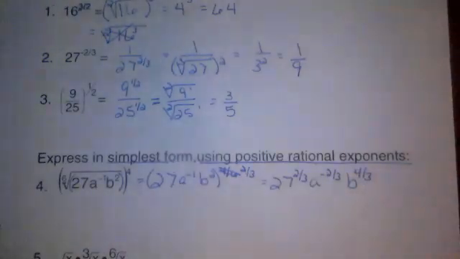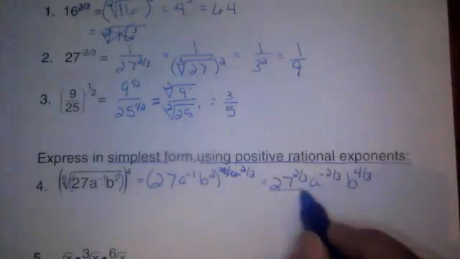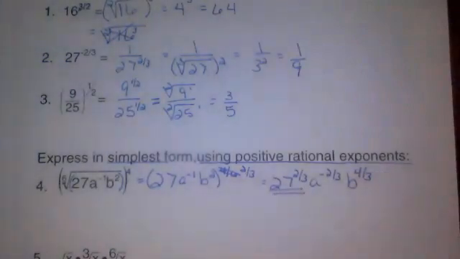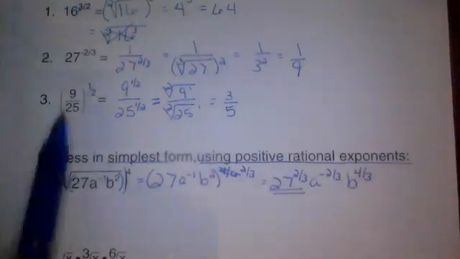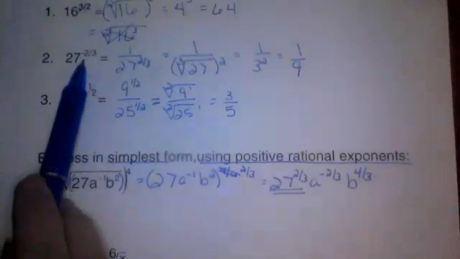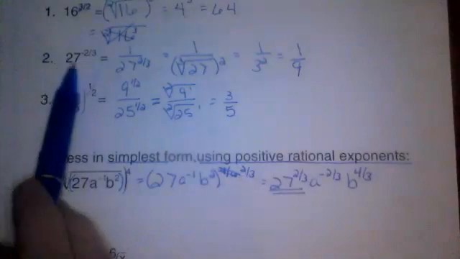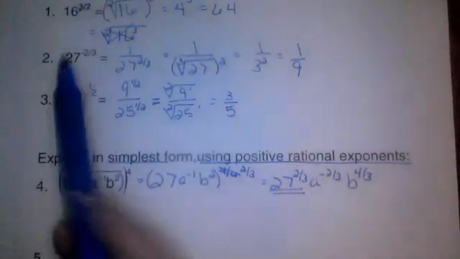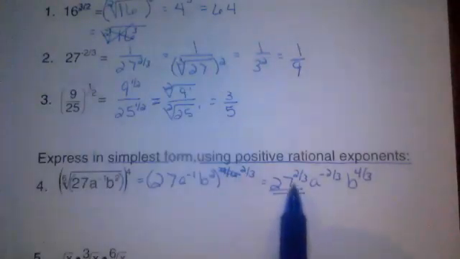Okay, so for the 27 to the 2/3, that's what we were doing up there at the top. As a matter of fact, we have one almost exactly like it, except it was -2/3. So everything is going to be worked out the same as this, except it doesn't have to go in the bottom. So 27 to the 2/3 power, we're going to take that back into root form so we can simplify it.